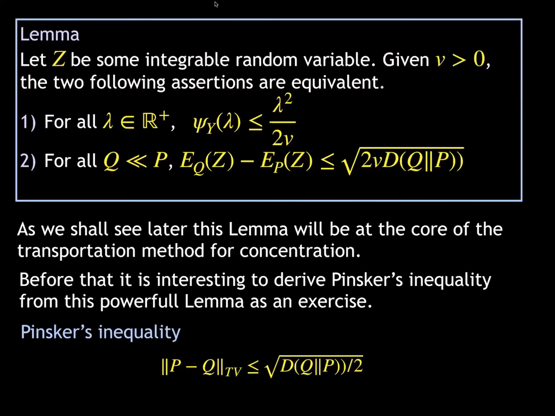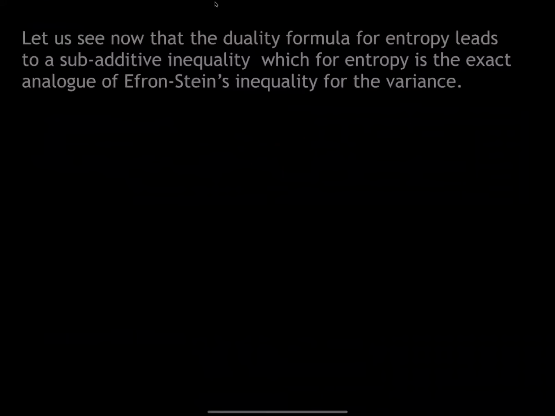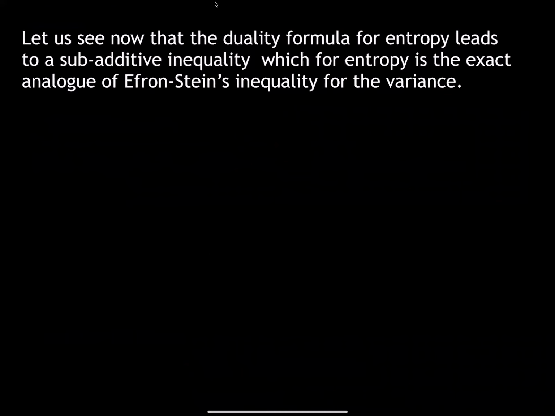But for the moment, we shall focus on the entropy method and on our aim of proving an analog of Efron-Stein's inequality for the entropy instead of the variance, that is a subadditive inequality, just building on the duality formula.